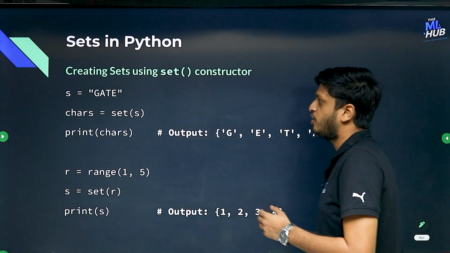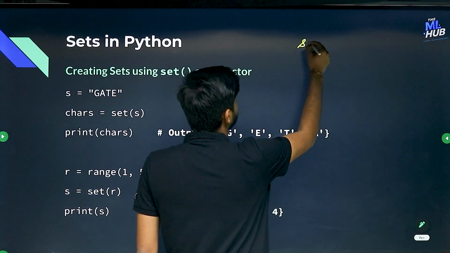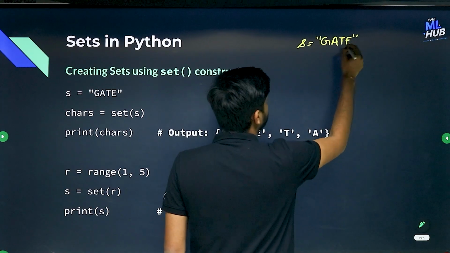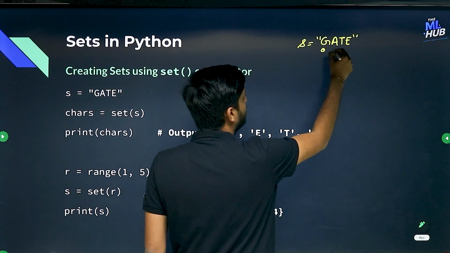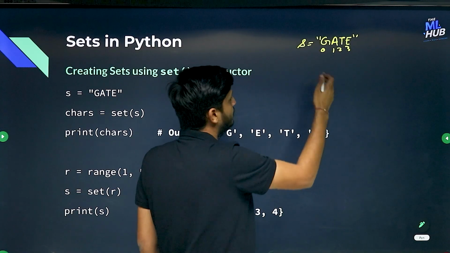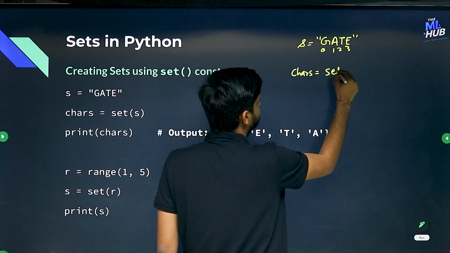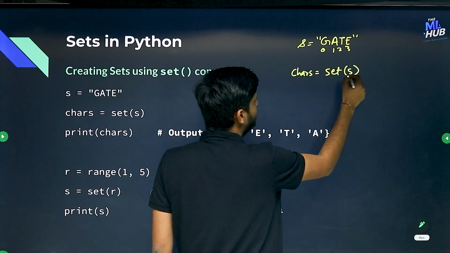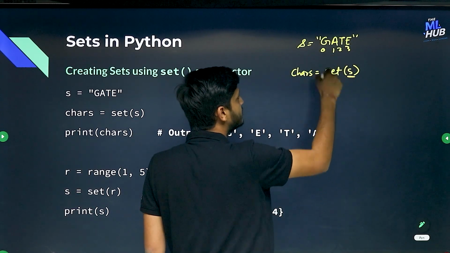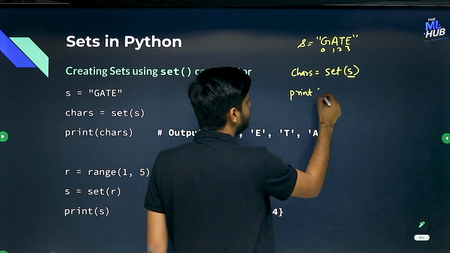So now let's say you have a string S containing the characters GATE. We know that a string is an iterable. It has an index, and it can give all its elements one by one. So when you say chars is set of S, it will take all the elements in this string one by one and insert them in the set. Now when you print chars, that's where set differs.